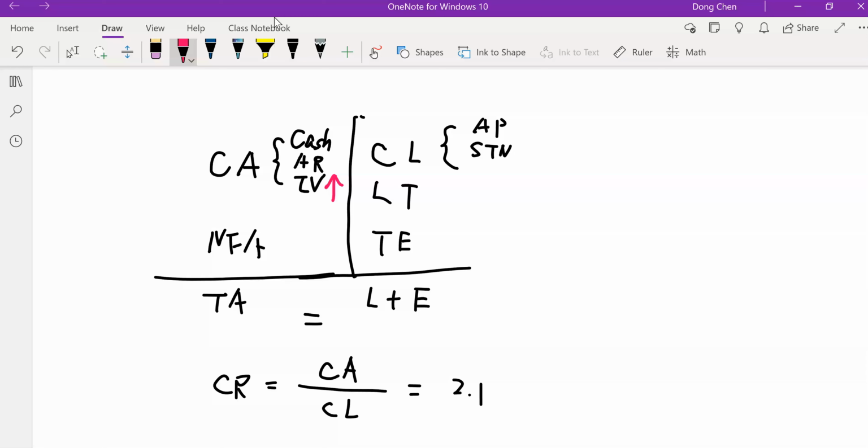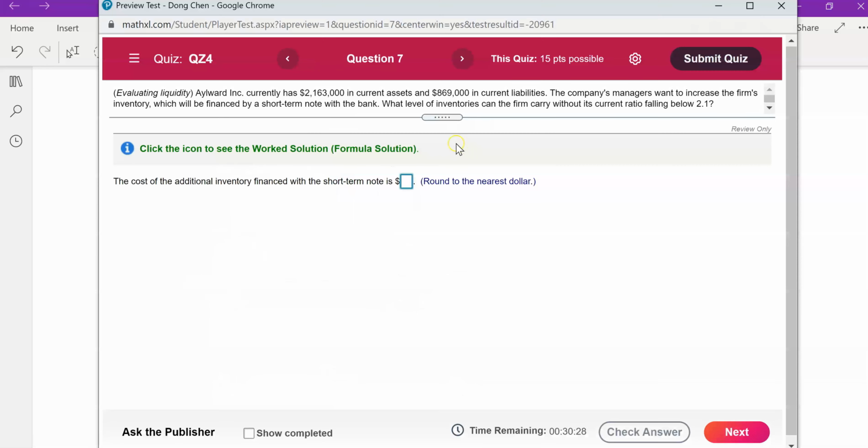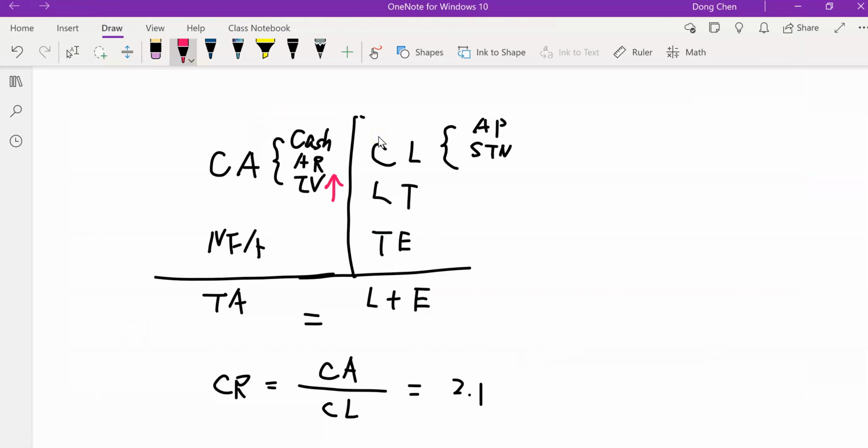The right-hand side of the balance sheet is simply telling us where the money comes from to finance the assets on the left-hand side. In this case, the firm wants to borrow a short-term note from the bank. So what will increase is this short-term note.